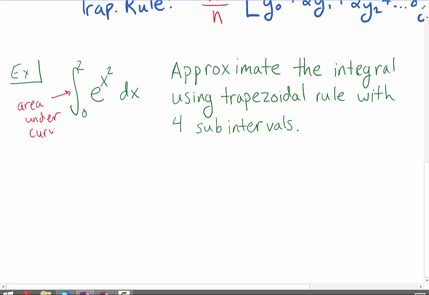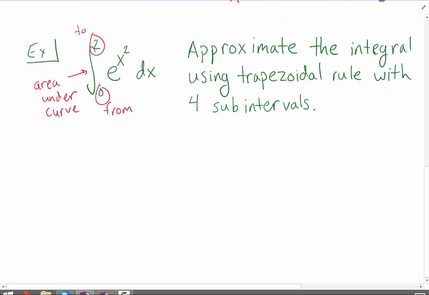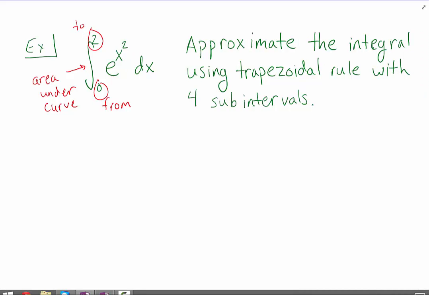And we're going from 0 to 2. And don't worry about the dx for right now. We're just going to kind of pretend it's not there. So we're going to approximate this integral with 4 subintervals. So that means my n is going to equal 4. My starting point a is 0, and my ending point b is going to equal 2.